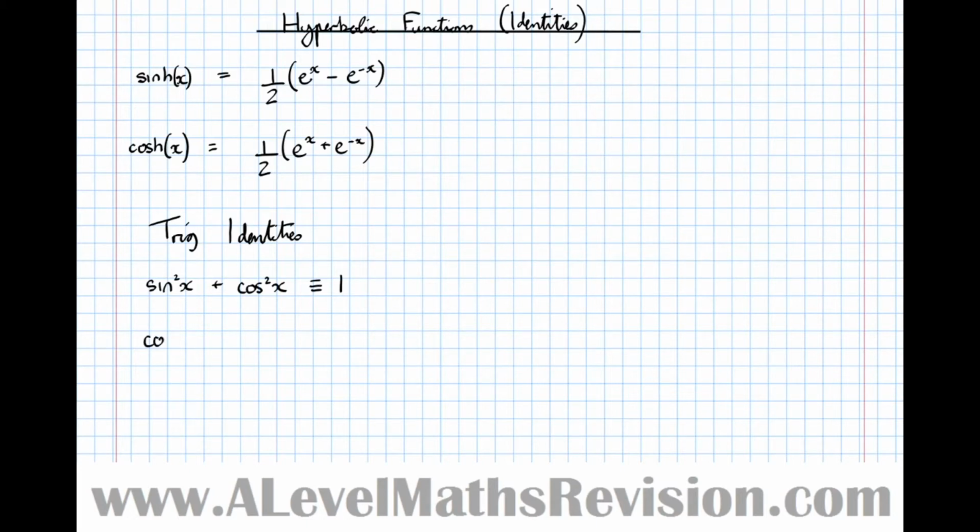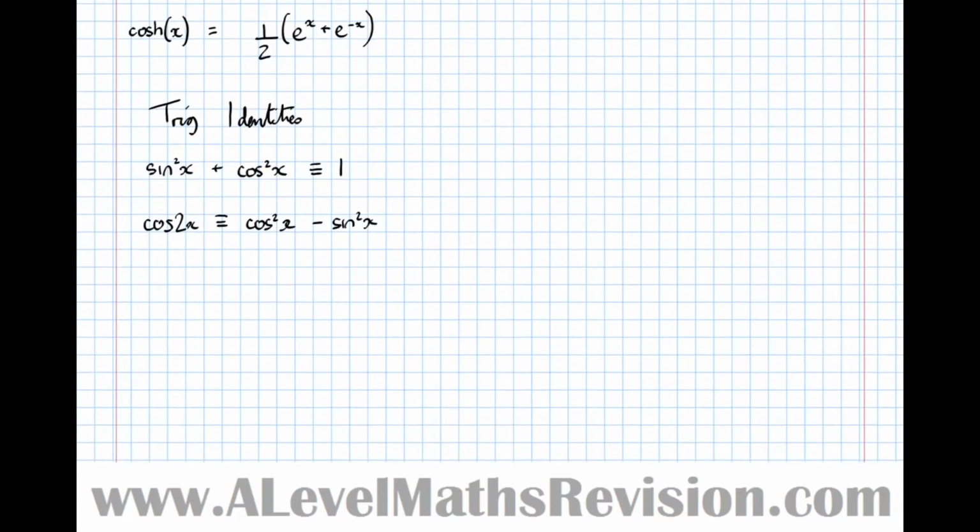You've got cos of 2x is identical to cos squared x minus sine squared x. Another version of that is cos of 2x is identical to 1 minus 2 sine squared x. And a third one, cos 2x, is identical to 2 cos squared x minus 1.